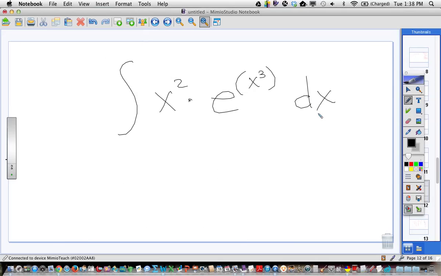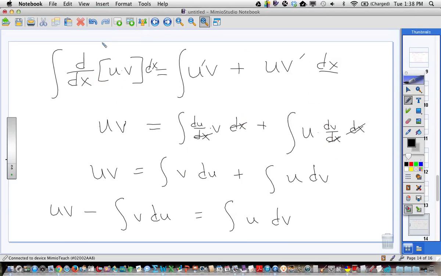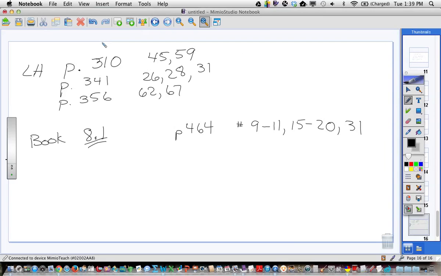Okay? All right. So your homework is going to be right here. There's 3 different LH pages. And the reason is that the way the old book worked, the LH book, it broke up the chapters by function family.